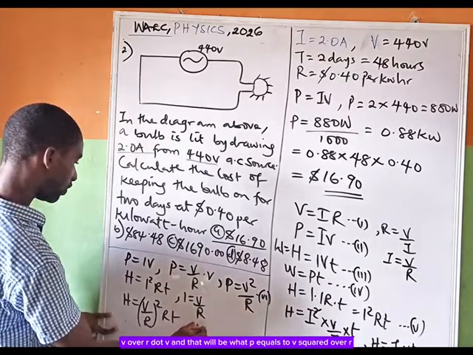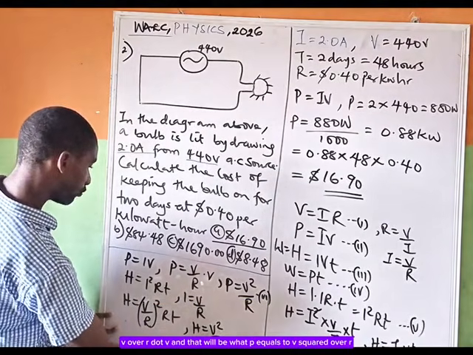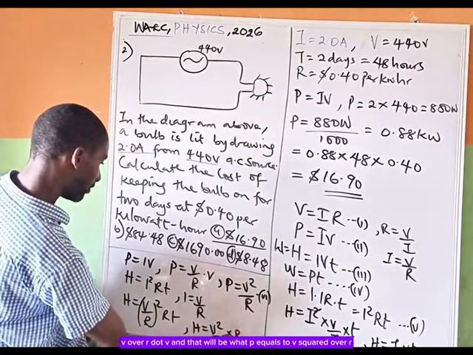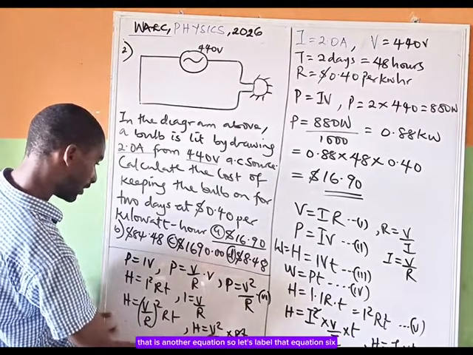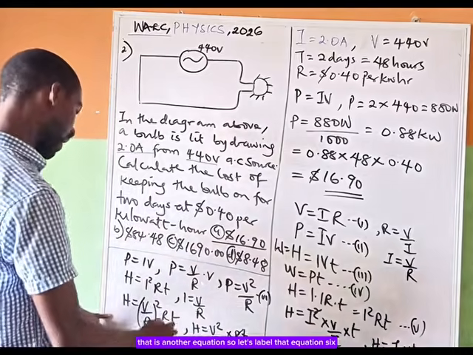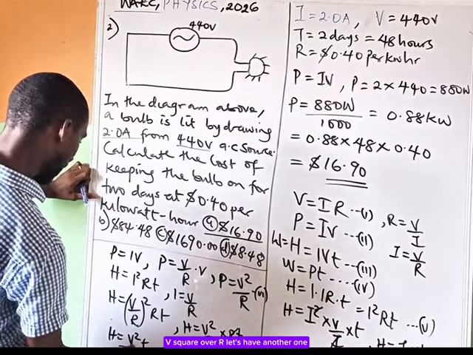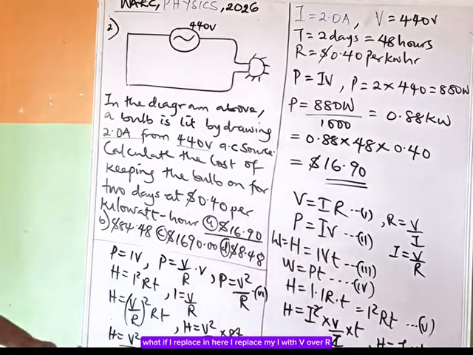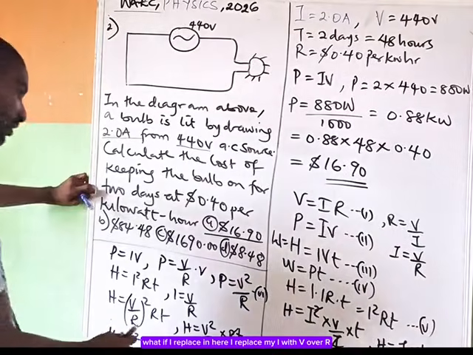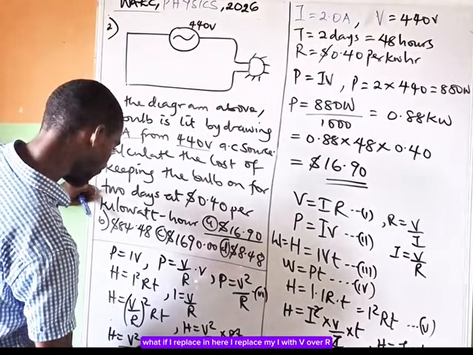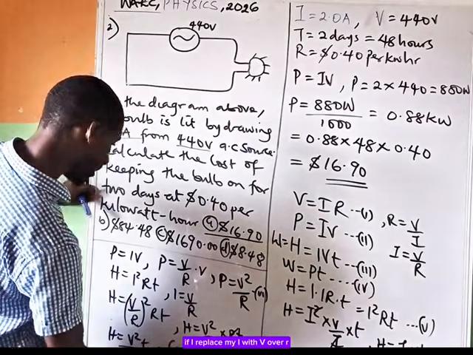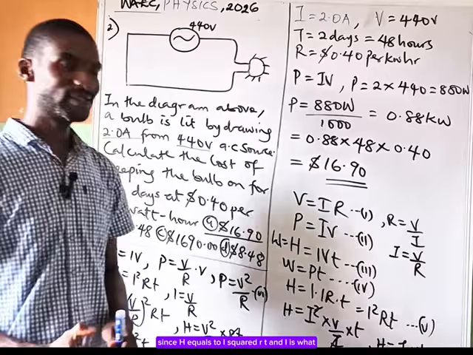So that's going to be H equals V squared over R squared times RT. So R cancels one of these. So I have H equals V squared T all over R. V squared T over R. So that's equation 7. All right, I hope that is clear.